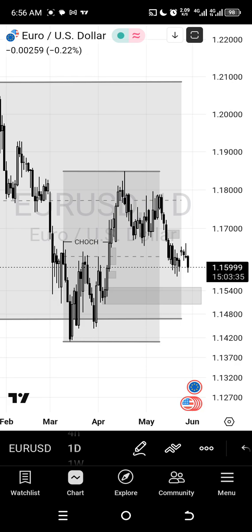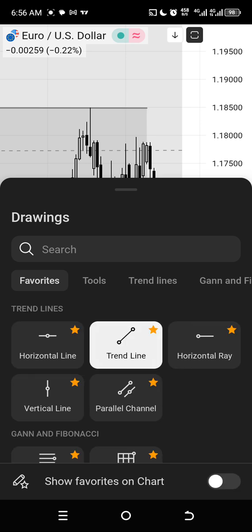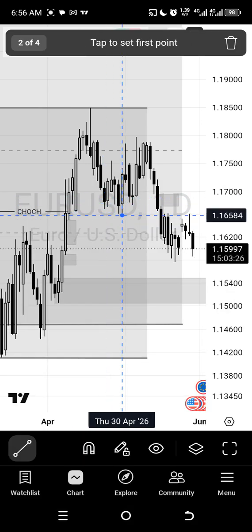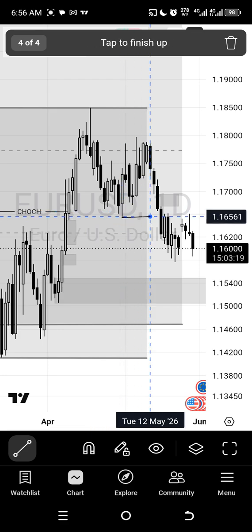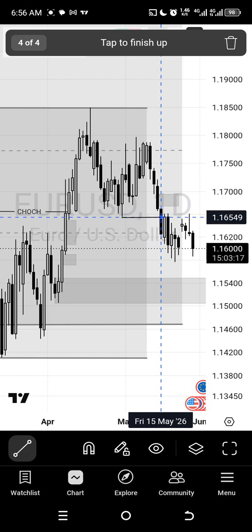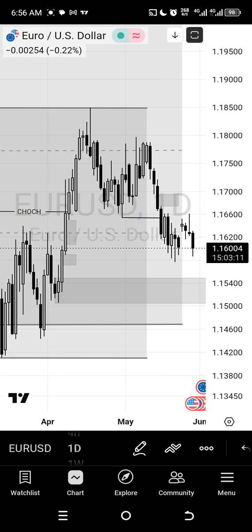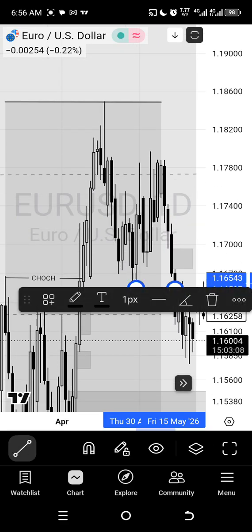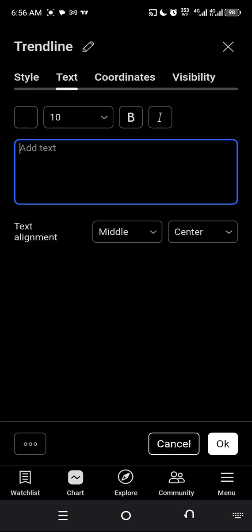If you do your analysis every single day using this particular logical framework, you are going to have a high chance of always cashing good trades. You get? That is just it, guys. We got a break of structure here, and looking at what the price is doing, this break of structure, or you can call it BOS, is our internal bearish structure.